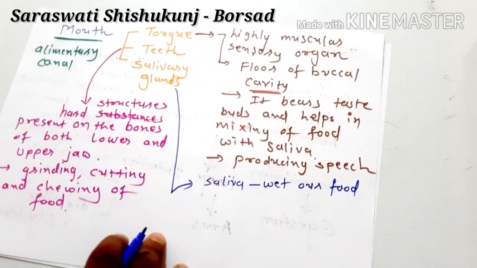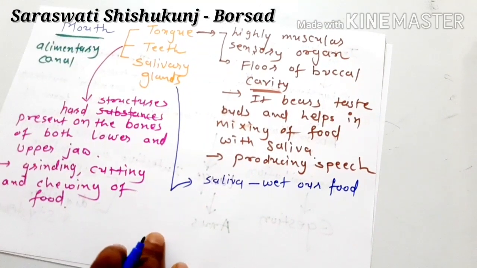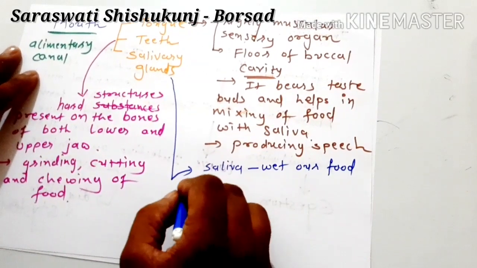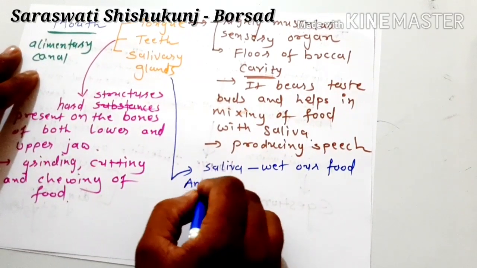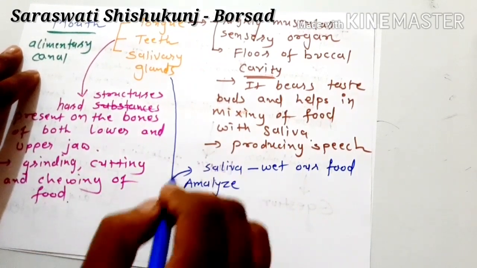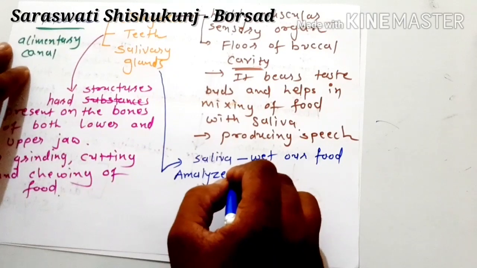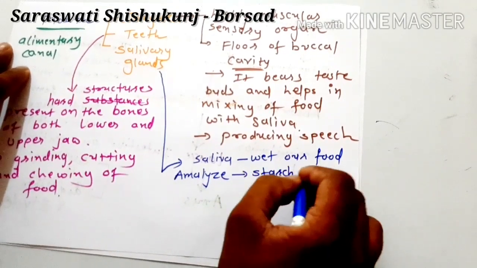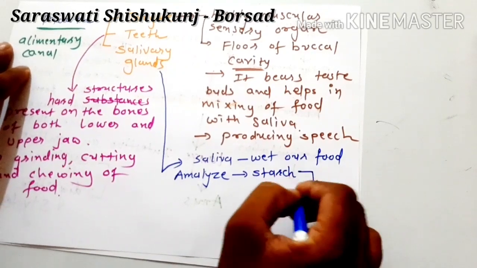Due to different enzymes present in saliva, digestion takes place. Suppose we take an example: amylase, which is present in saliva, converts starch into maltose.